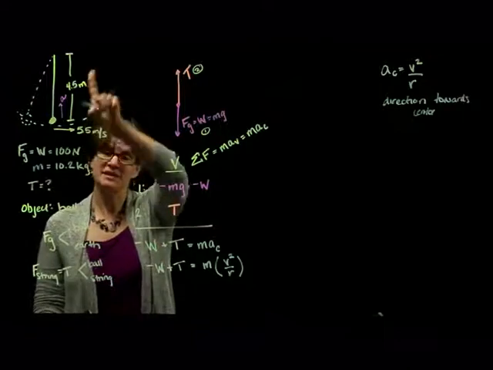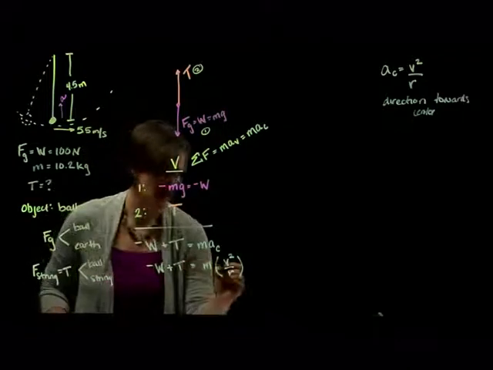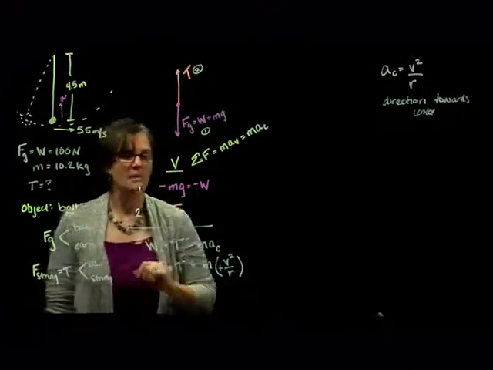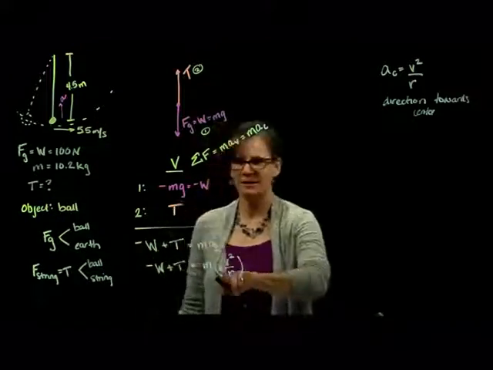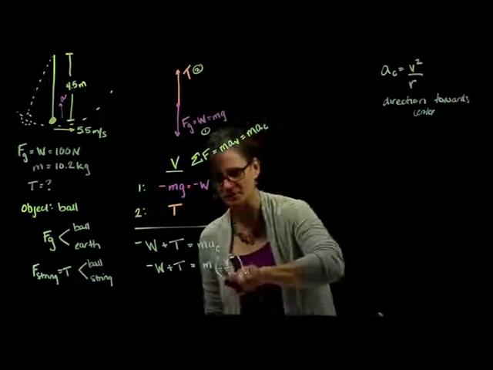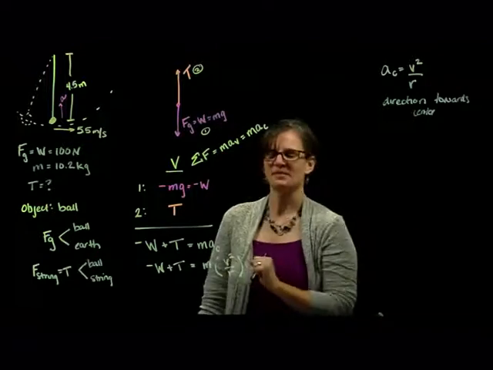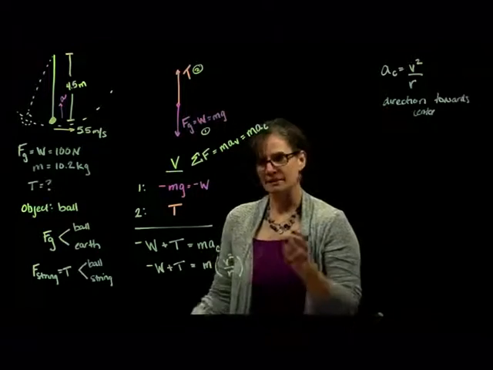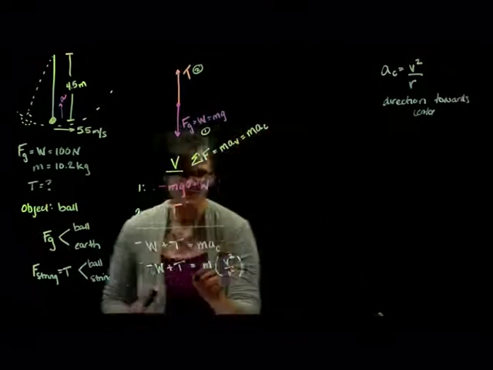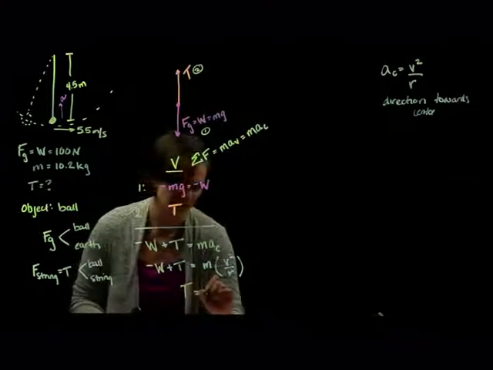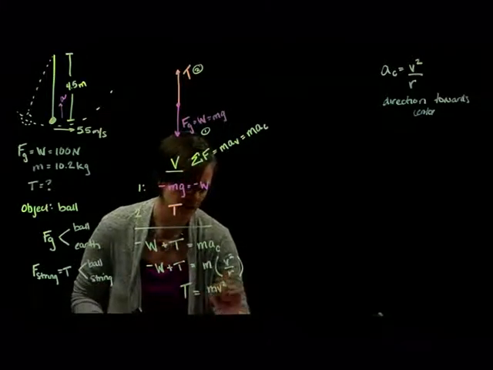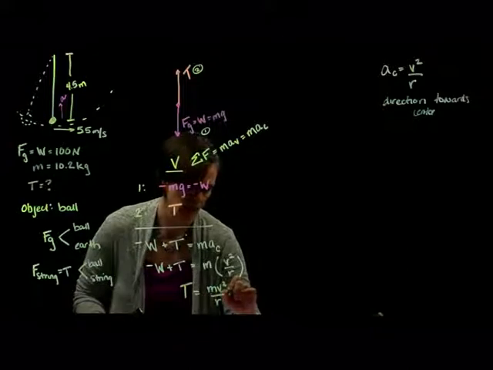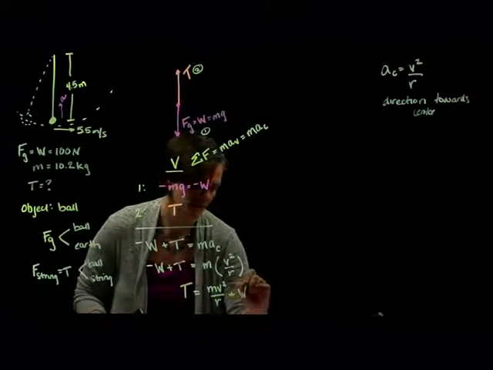Well, we identified that direction as being positive. So I have a positive v squared over r. And this is not a plus, but a direction. So I'm going to erase that. Okay, so now let's solve for the tension. The tension then must be m times the speed squared over the radius plus the weight.